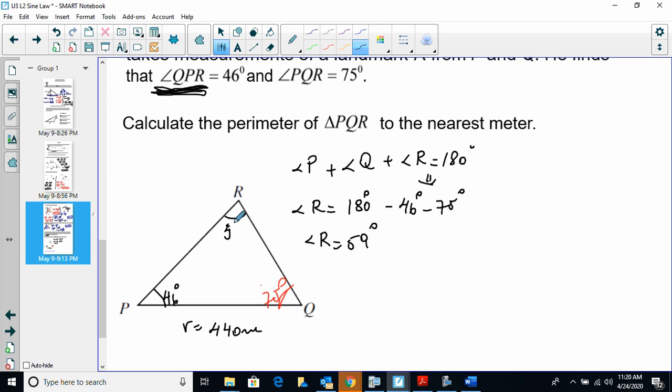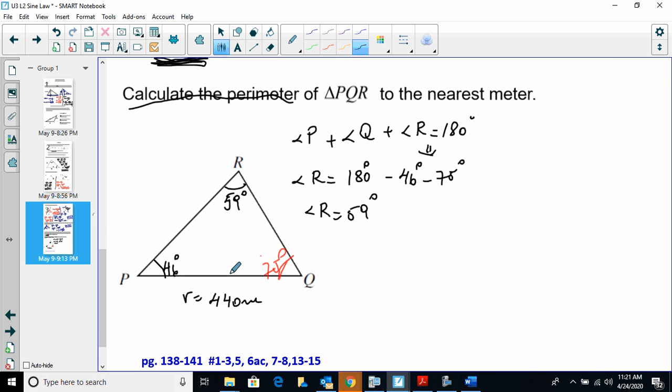So now we have the angle that is opposite to what is given as 440 meters. Now, one more thing that we have to add here. They're asking us to calculate the perimeter, and the perimeter is the sum of all the lengths of the triangle. So it is PQ plus QR plus RP, which means that we have to find what is PR and what is RQ.